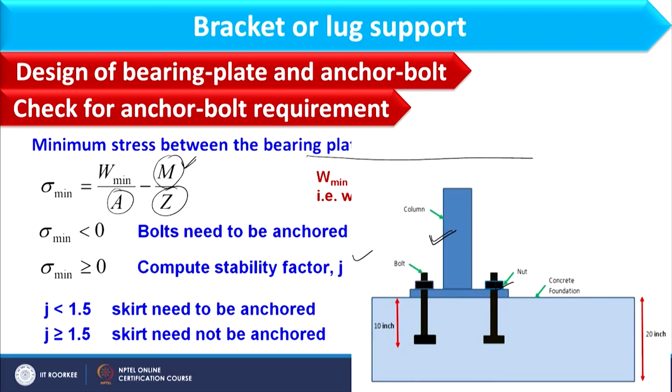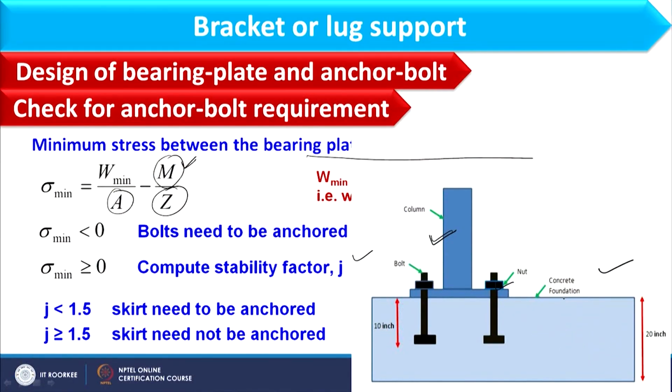Anchoring is basically when we bolt the material, we first let the bolt enter into the concrete foundation, and then we place the nut above this. To make you understand the anchoring, we will focus on a particular figure, and that is this figure.